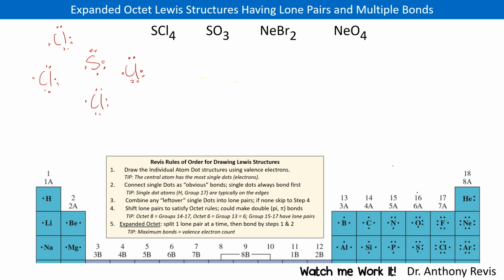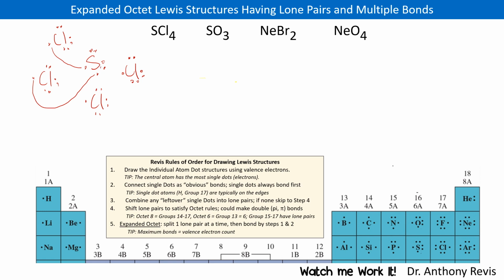Once I draw this, I know it puts sulfur as the central atom because it has the highest number of unpaired electrons. So what I do is I connect the obvious dots here. The single dots are ready to bond. They're hybridized. They're spin up. So I'm just going to go ahead and connect these right away. Only the single dots. And then what I observed is that I don't have any leftover single dots for sulfur to bond with.